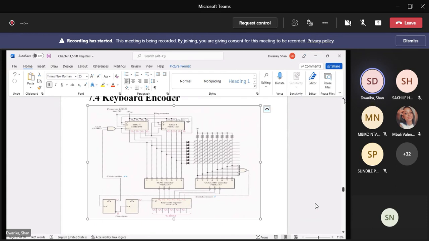Here we're basically trying to see how the keyboard encoder for each one of those symbols is represented by a specific code, and that's stored within the computer itself.